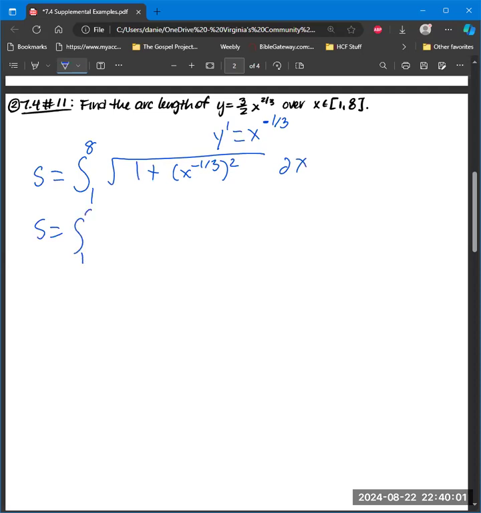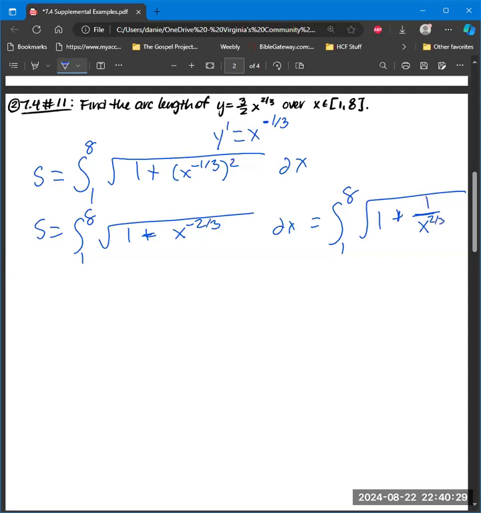This is the integral from 1 to 8 of the square root of 1 plus x to the negative 2/3 dx, which is 1 plus 1 over x to the 2/3 in the denominator.